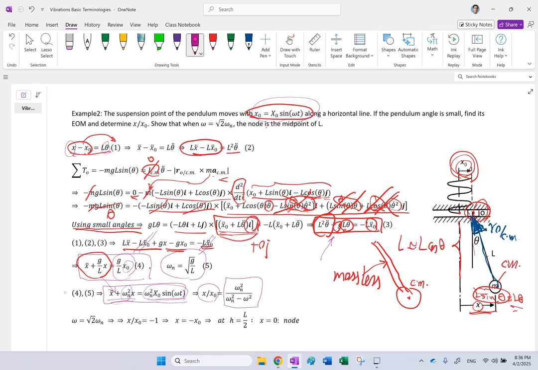Pay attention, in this system, there is no x dot term. So C in this term equals what? 0. There is no damping in the system.